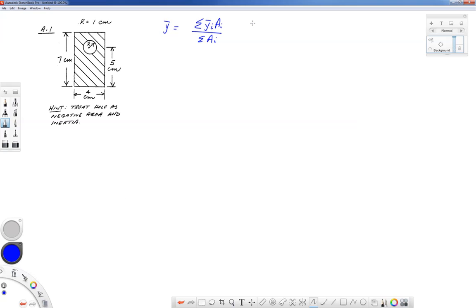And then for the moment of inertia about a horizontal line that goes through the centroid, we're going to calculate the moment of inertia I as the summation of the moments of inertia of each piece of a composite region plus the area of each piece times d squared, where d is the distance between the centroid of the composite section and the centroid of that particular piece. And we're going to do the summation over however many pieces we have.